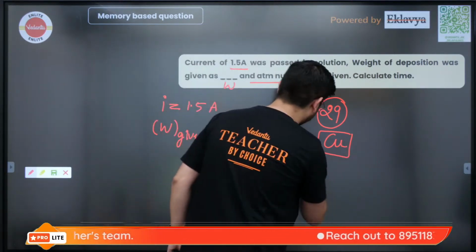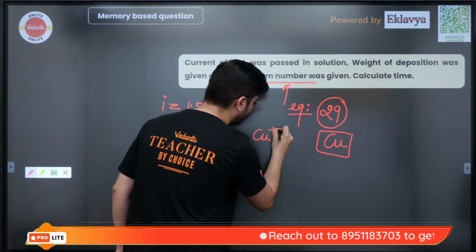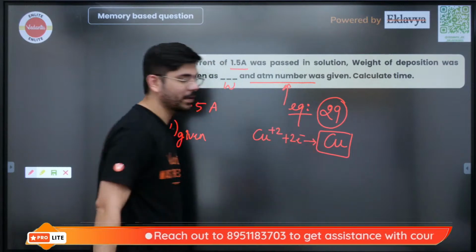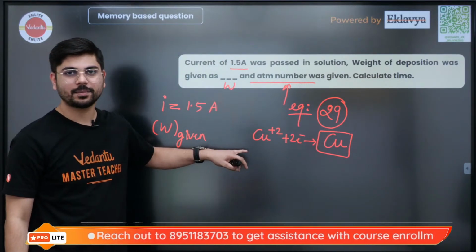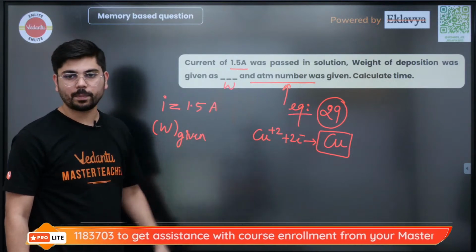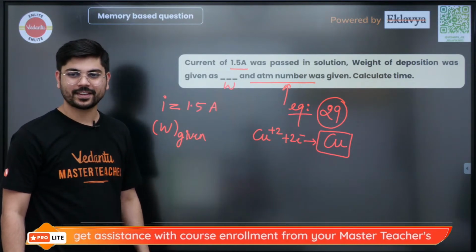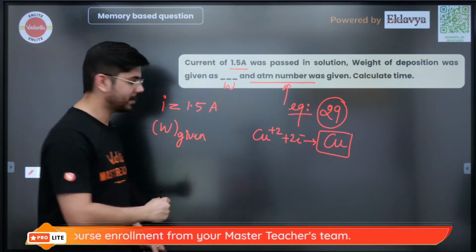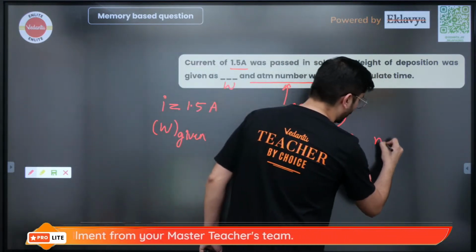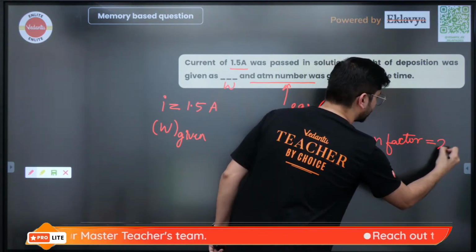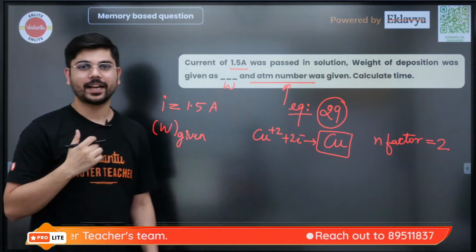Cu2+ accepts 2 electrons to give us copper. So what is the N factor, the valency factor for copper in this case? It is 2.